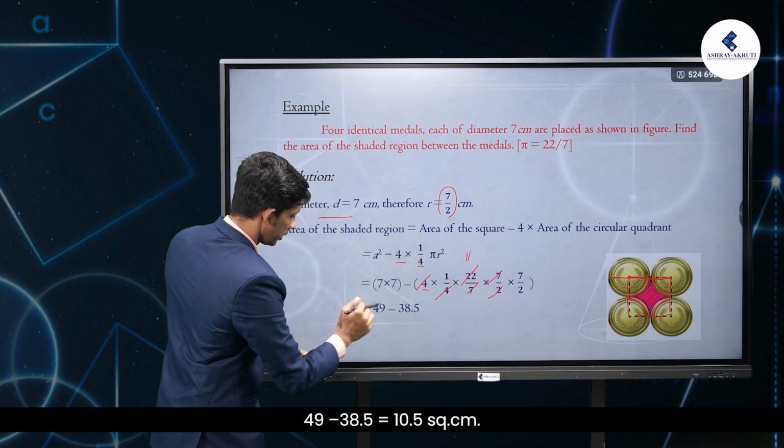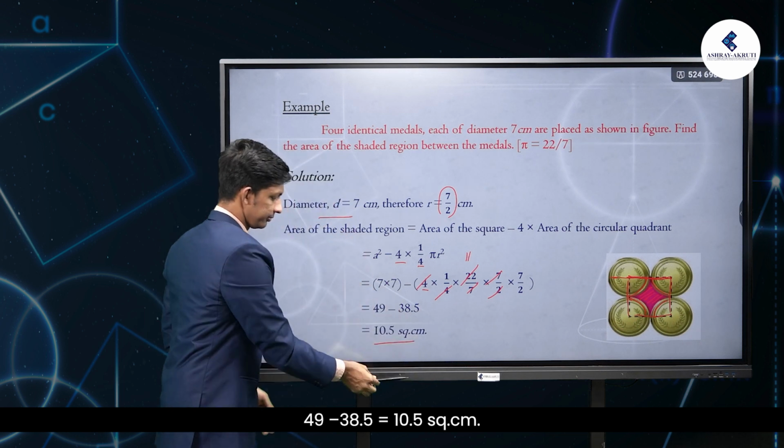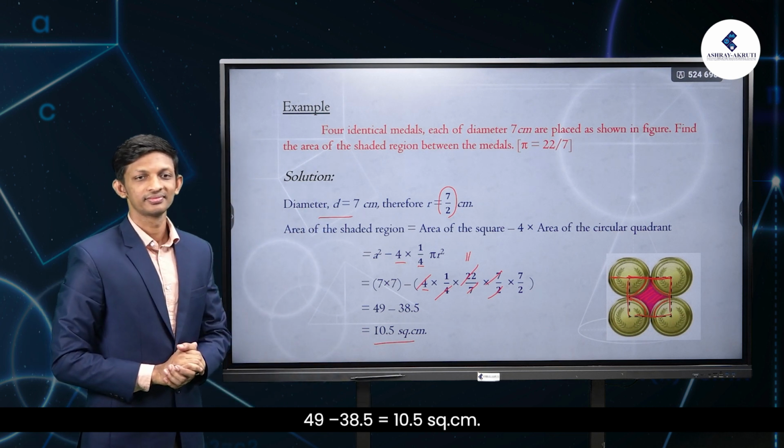By solving, we get 49 minus 38.5, which is equal to 10.5 square centimeter.